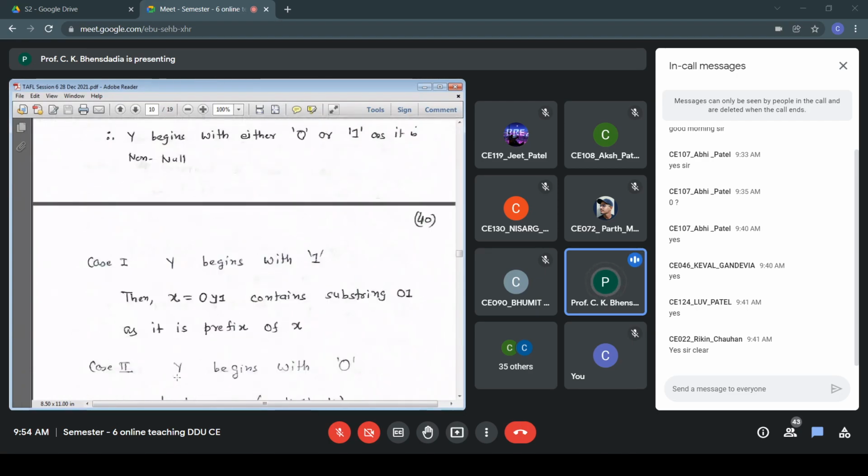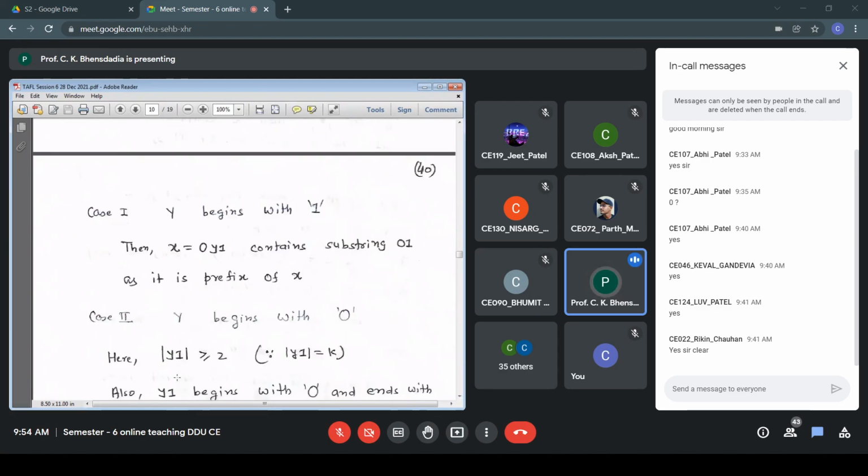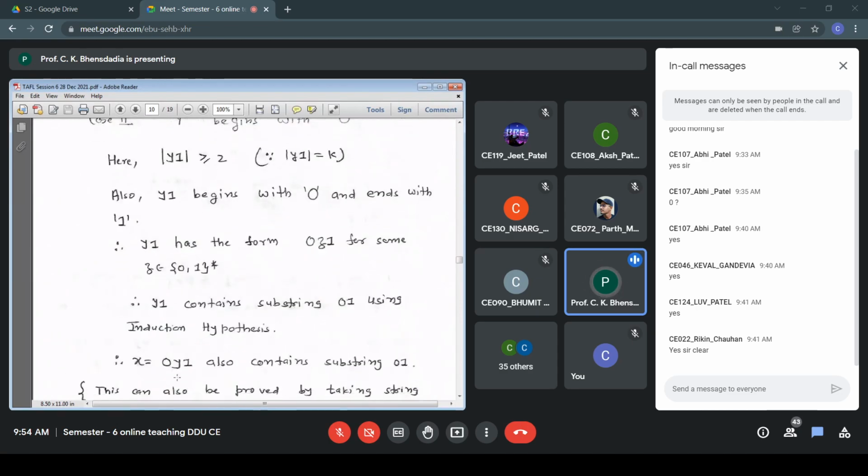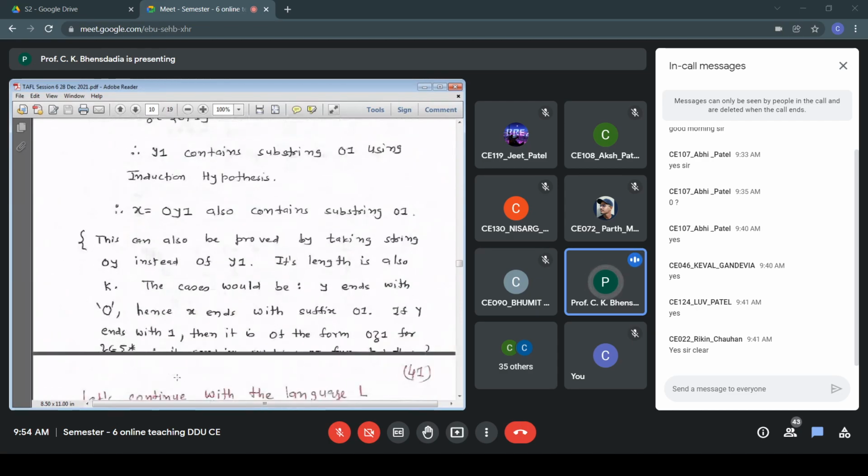Now we say the cases were y begins with 0, y begins with 1. We could have also focused on y ending with 0, y ending with 1. That is also fine. Here we said y begins with 1 and y begins with 0. Maybe we could have also thought of y ending with 0 or y ending with 1. Then under that case also, we could have easily proved the statement. This can also be proved by taking a string of the form y1.